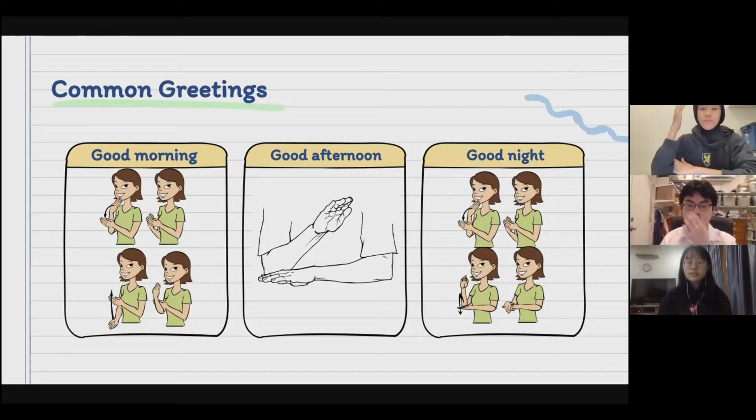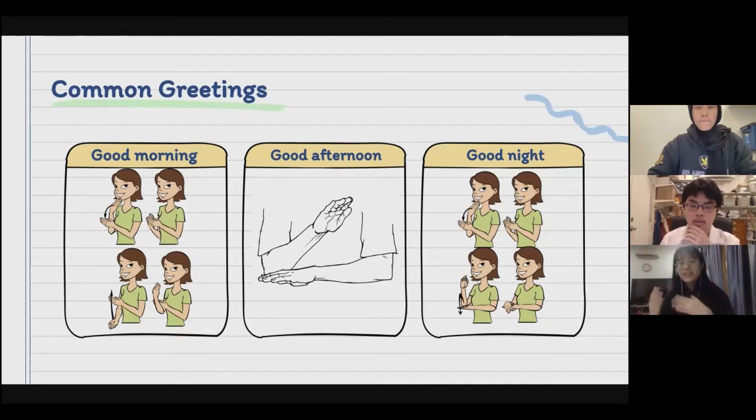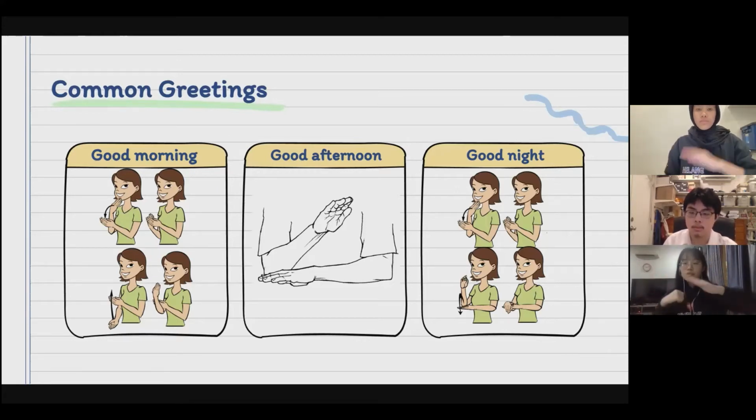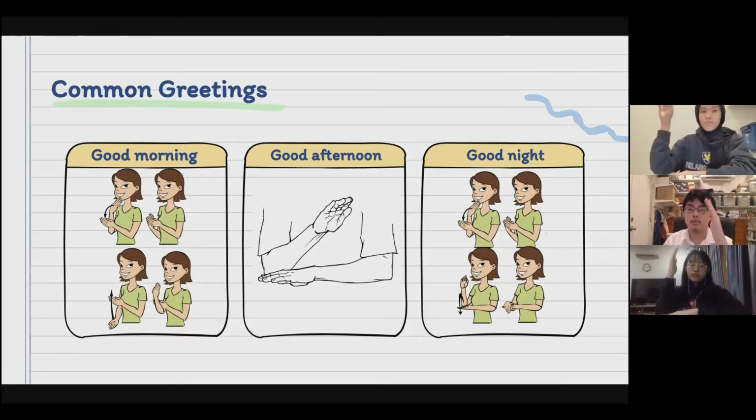So next is afternoon. So you know how afternoon, like after 12, is when the sun begins to set, like it begins to go down. So you have your non-dominant hand and you put it under your dominant arm's elbow and then go down. So afternoon.